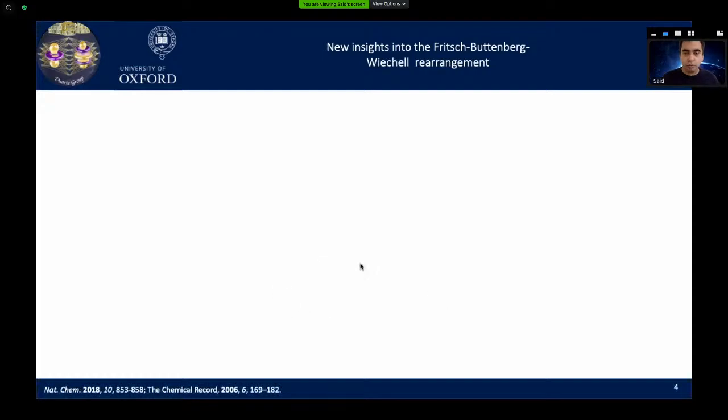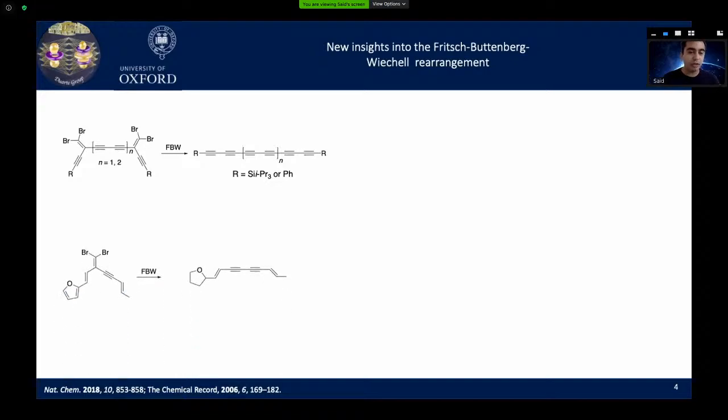More modern examples of this FBW rearrangement can be found forming long chains of acetylene units. And also you can form biologically active natural products.